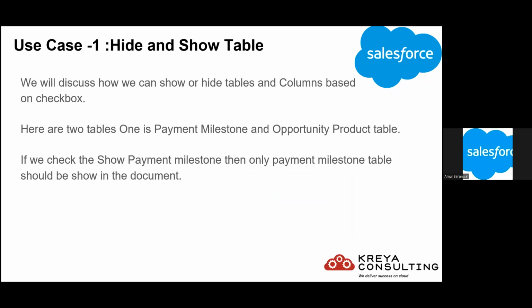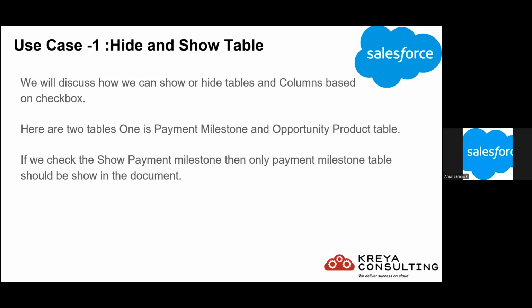Suppose you have an initial advance payment milestone with 50% and the amount for that, and then a final payment after go live. So you can segregate your different payment milestone records under opportunity.